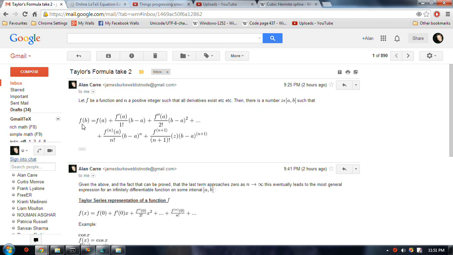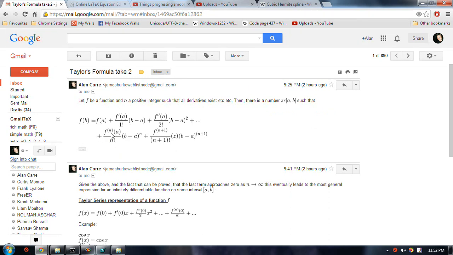The point is that to get f of b from f of a, you write f of a, and then you take its derivative and multiply by the difference of the range, b minus a. Then you take its second derivative and divide by 2 factorial and multiply by (b minus a) squared, and so on and so forth in exactly the same manner until you get to some number n you've already decided on, like 100, let's say.